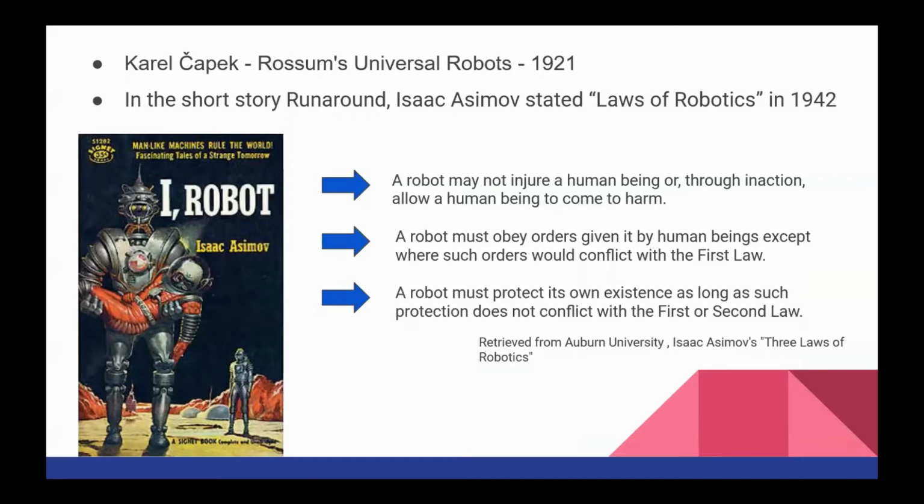First, a robot may not injure a human being or, through inaction, allow a human being to come to harm. Second, a robot must obey orders given it by human beings, except where such orders would conflict with the first law. And the third one is, a robot must protect its own existence as long as such protection doesn't conflict with the first or second law.